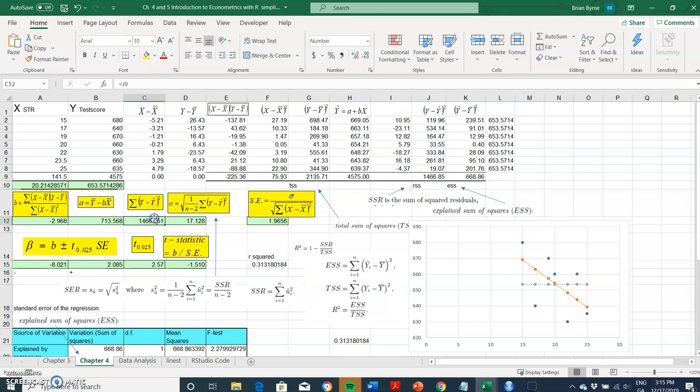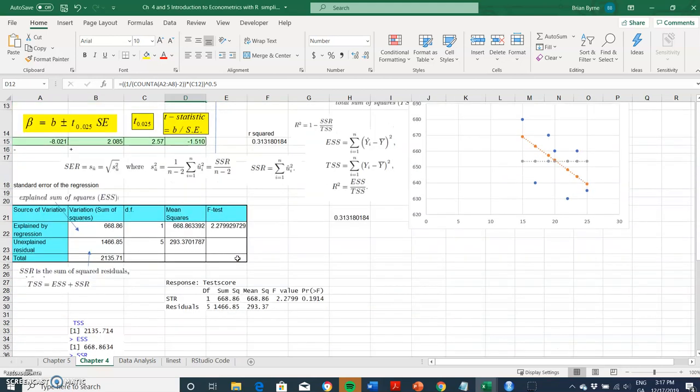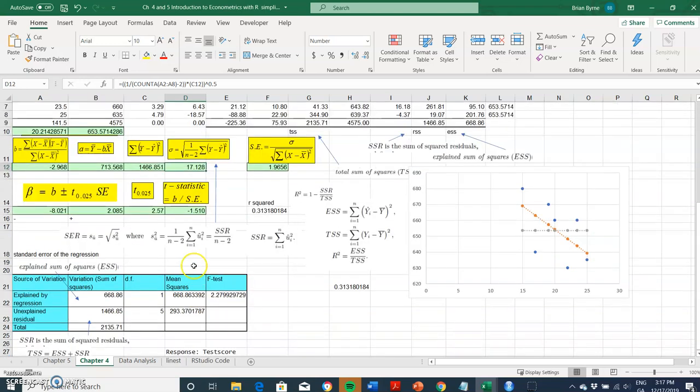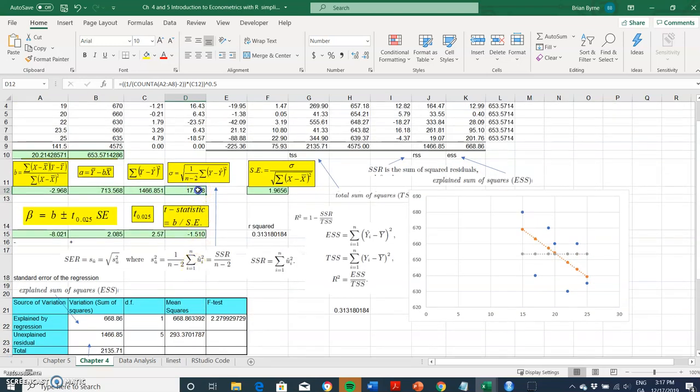The residual sum of the squares then is obtained by taking that sum, and then we want the standard error of the regression. We obtain that, the 17.128, the SER, the standard error of the regression, is obtained by taking the residual sum of the squares.